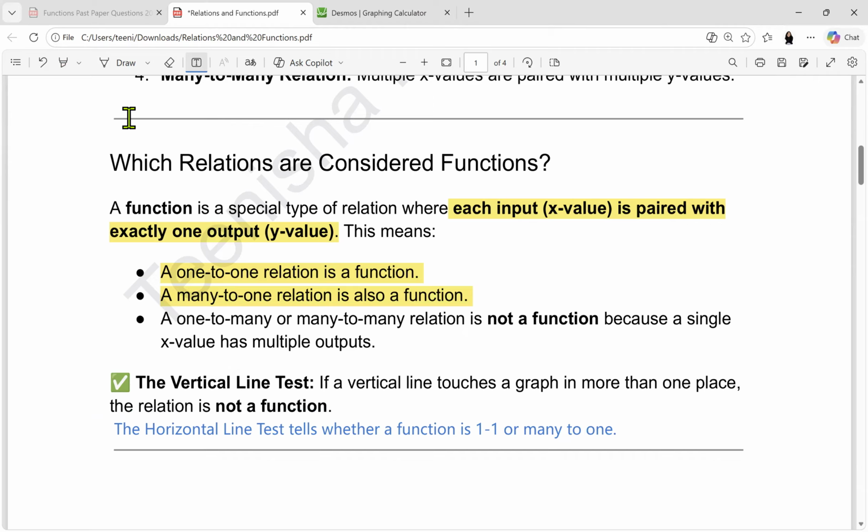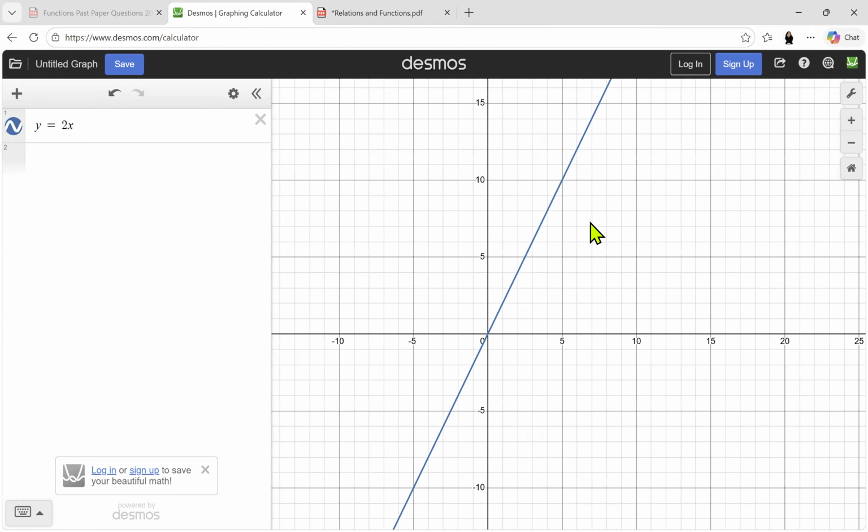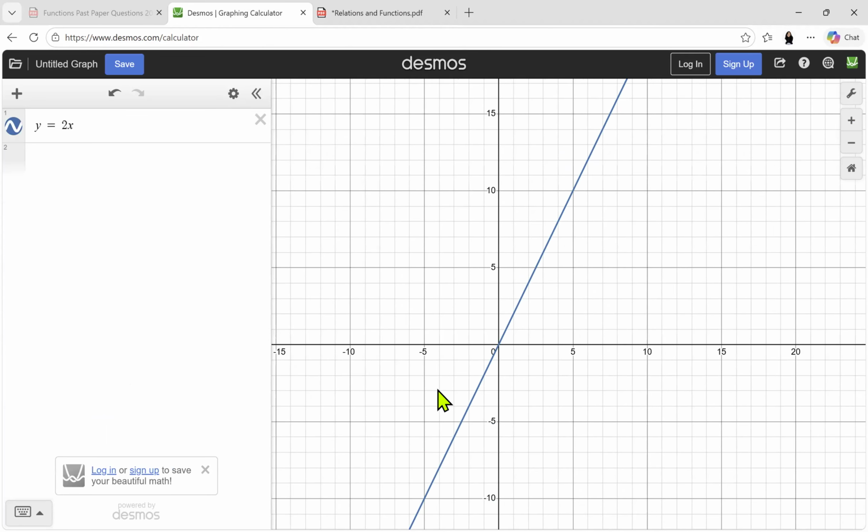The first one was y is equal to 2x. This graph here represents the function y is equal to 2x. Now we already know that it is a function because it passes the vertical line test. A vertical line cuts the graph at only one place. Now let's see if it's one-to-one.